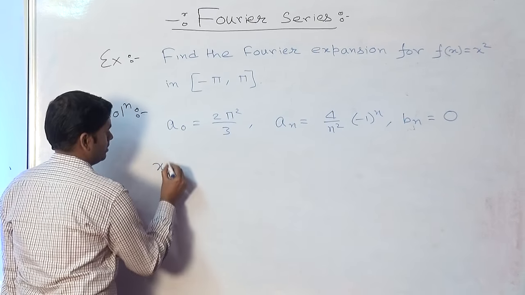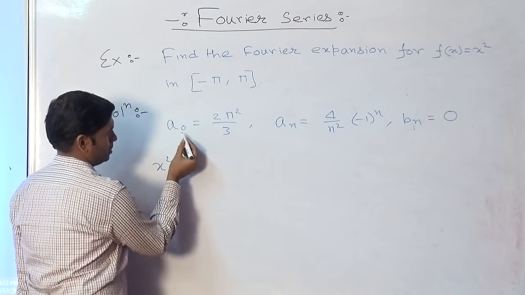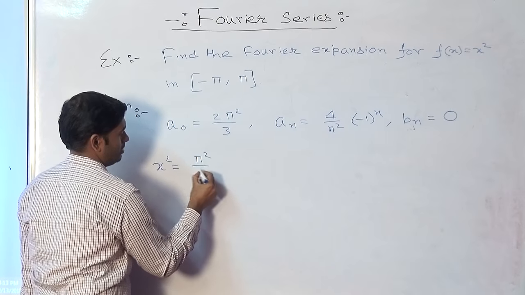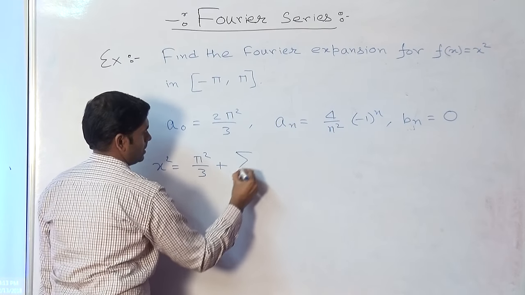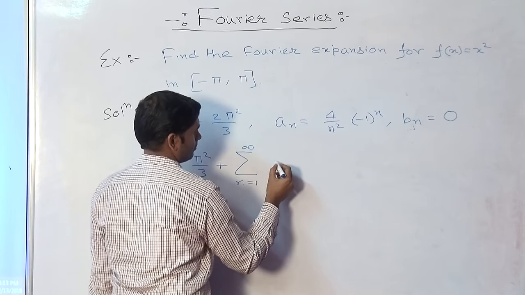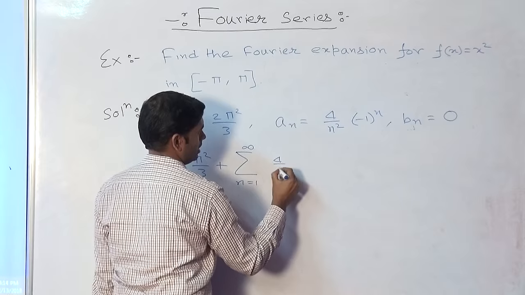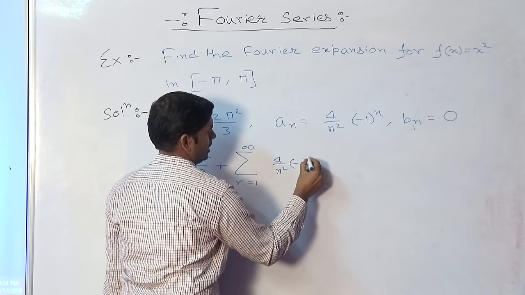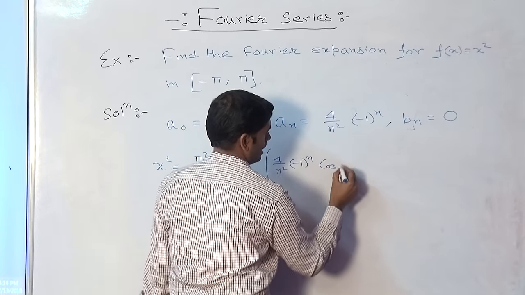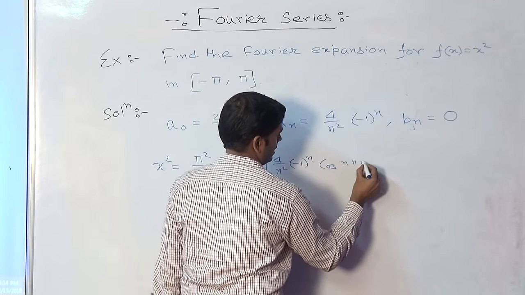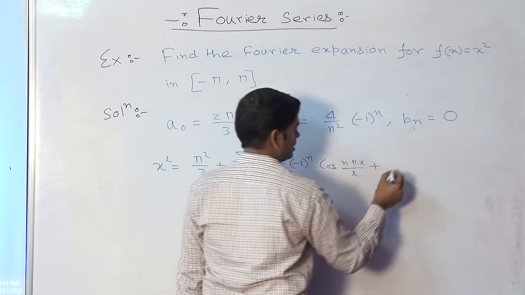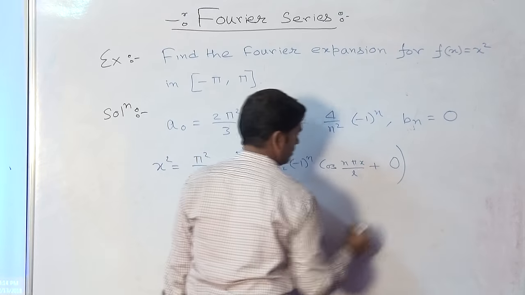So x square will be equal to a0 by 2. So 2 pi square by 3 by 2, so this is pi square by 3 plus sum of n equal to 1 to infinity of an, so an is our 4 by n square minus 1 to the power n, then cos n pi x by L plus Bn. Bn is our 0. So this term will be 0.